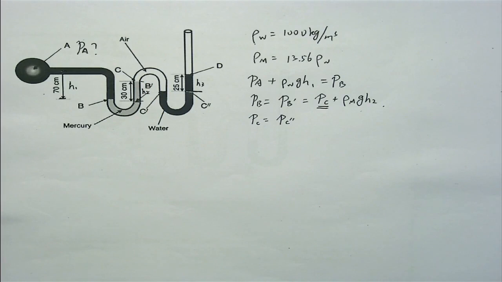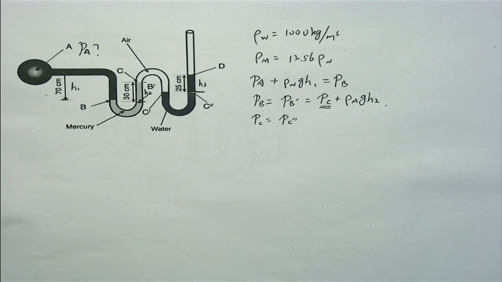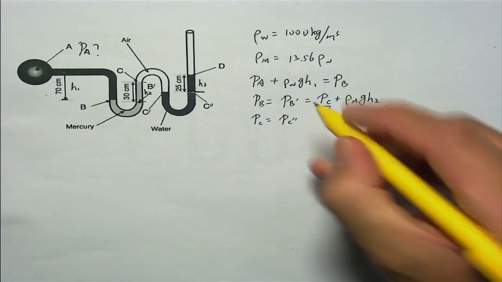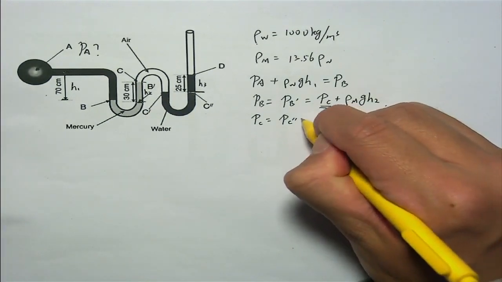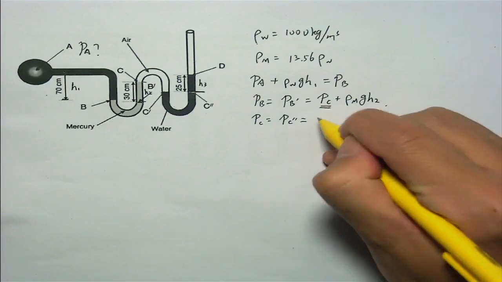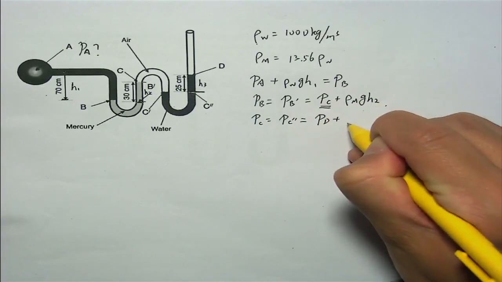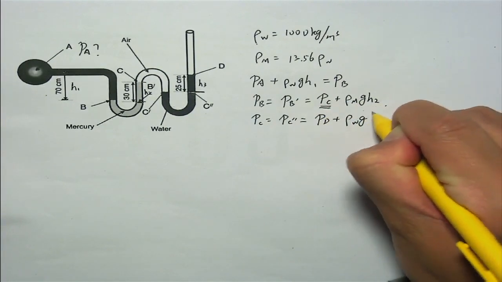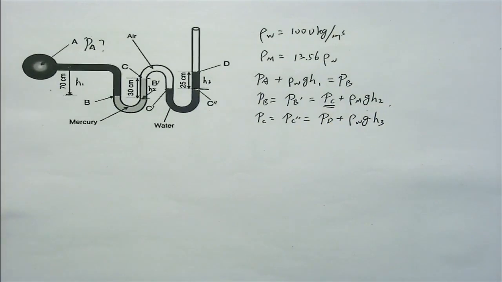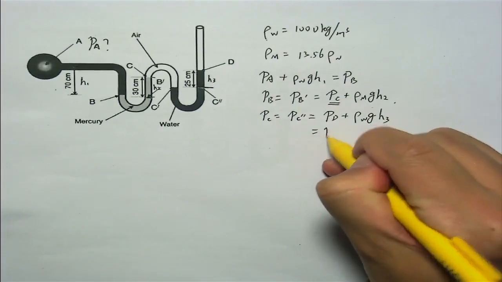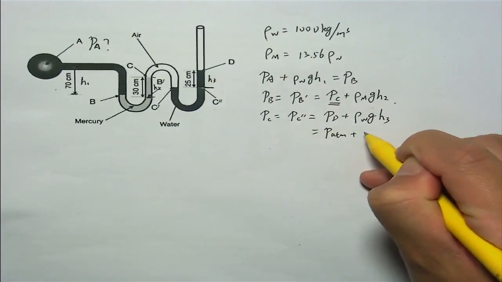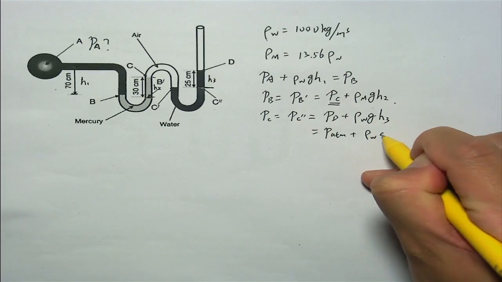So we just assume that the pressure does not change in this continuous air. So we got PC double prime is PD plus rho W g h3, right? So what is PD? It is linked to the atmosphere, so it is also P atmosphere plus rho W g h3.